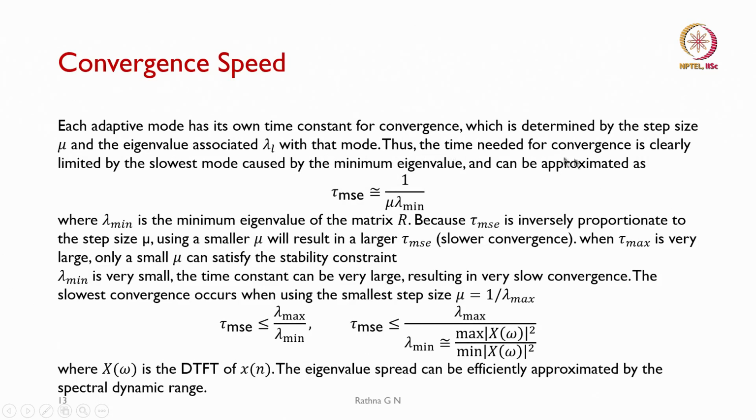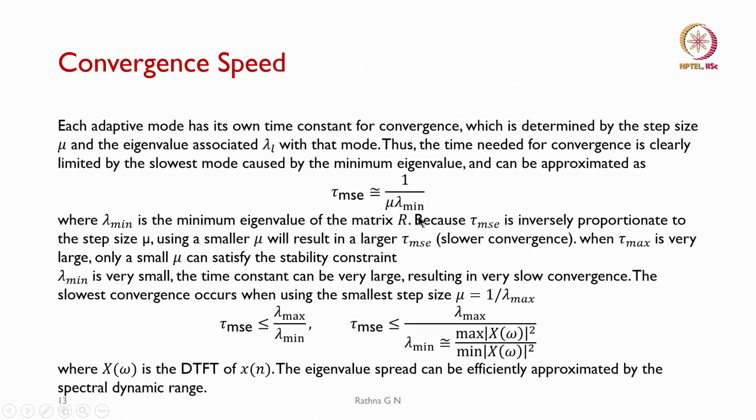Thus, the time needed for convergence is clearly limited by the slowest mode, caused by the minimum eigenvalue, and can be approximated as tau mean square error approximately equal to 1 by mu into lambda minimum. Lambda minimum is the minimum eigenvalue of the matrix R. This is the maximum time it is going to take.